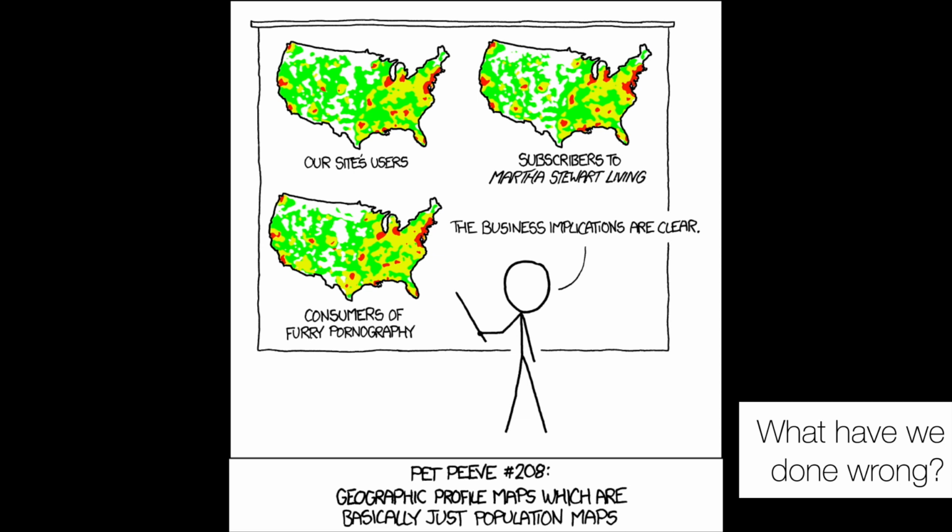Some good examples of this, or a fun one, is XKCD's pet peeve number 208, where if we're looking at geographic maps, here we have the heat map of people who are using a particular site, those who are subscribing to Martha Stewart Living on the right, and consumers of a particular niche kind of adult content, and all the maps are very similar.